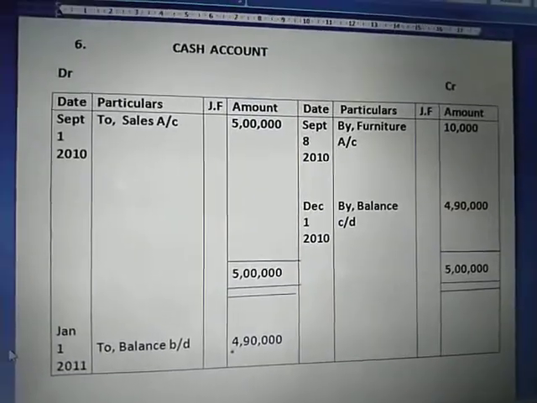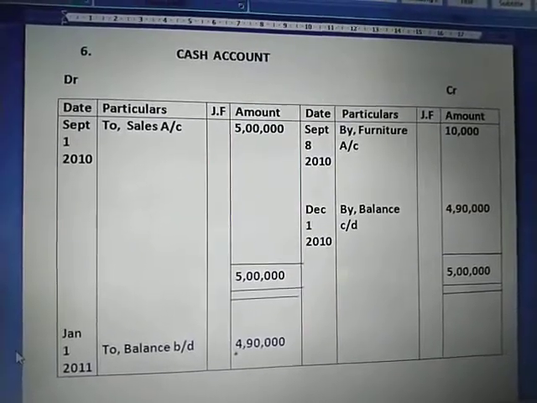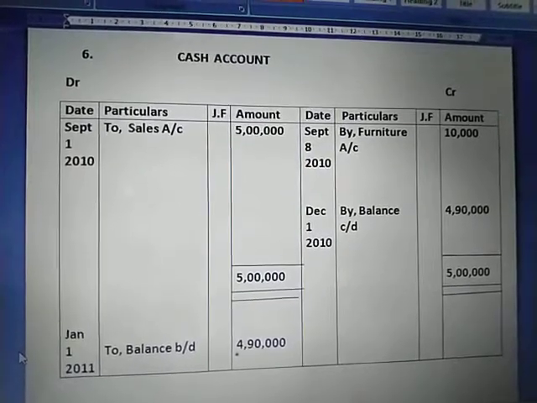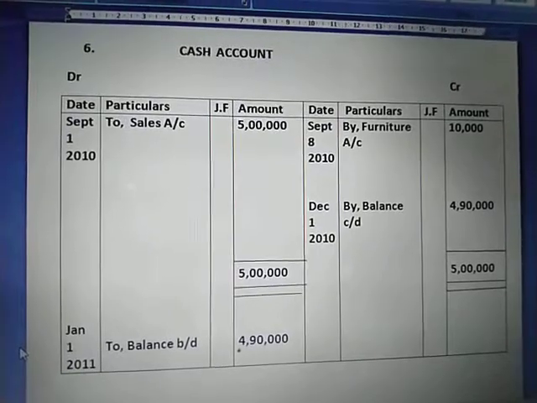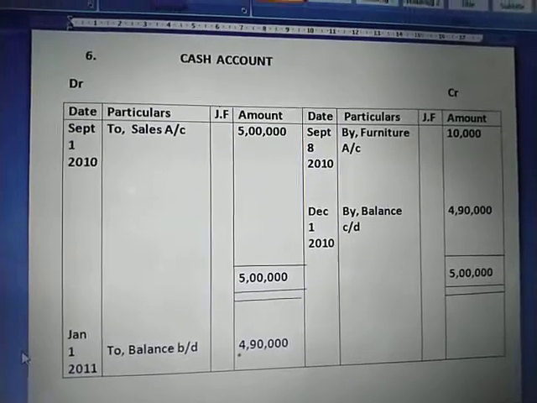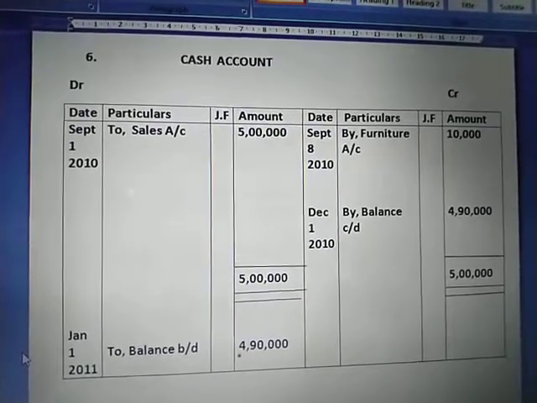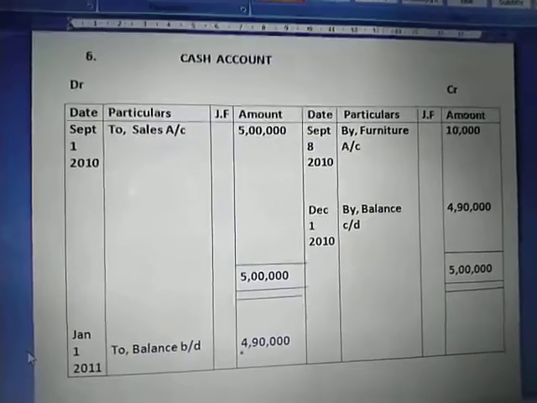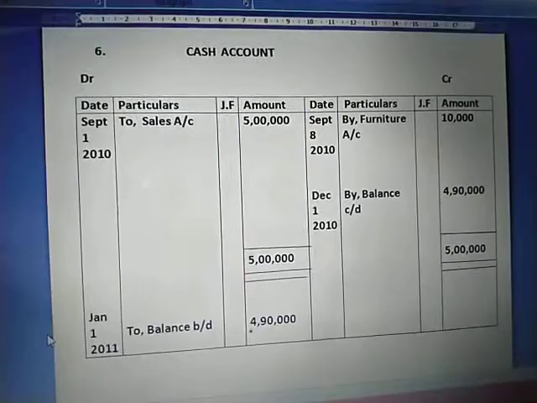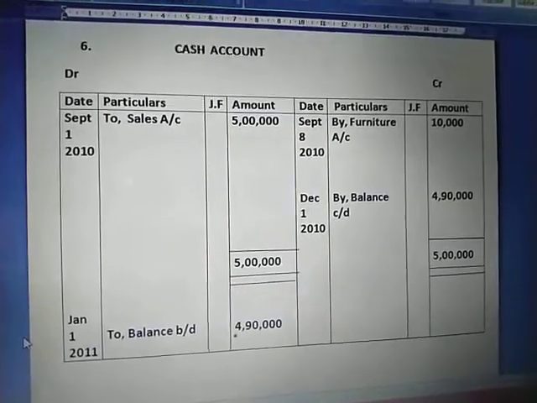Cash account is a real account, it contains a debit balance, so a decrease in asset will be recorded in the credit side, and also in the journal entry we have already recorded that furniture account debit to cash, so by furniture account 10,000.